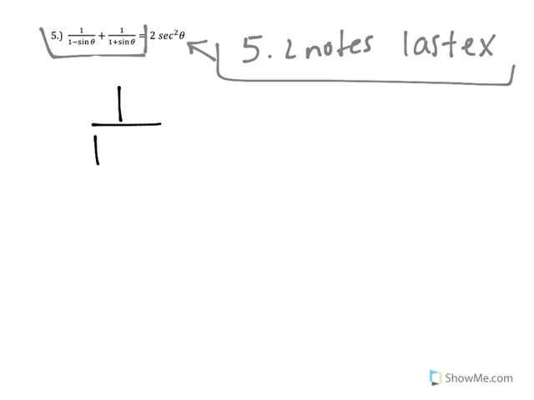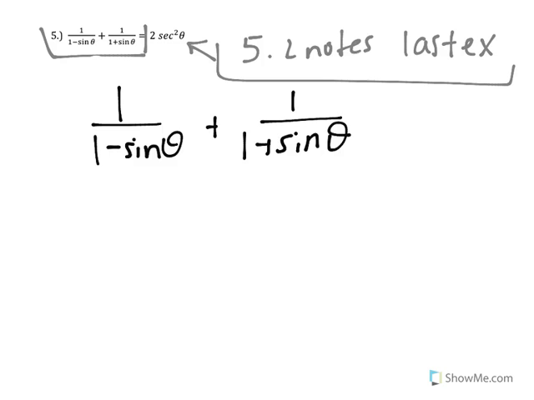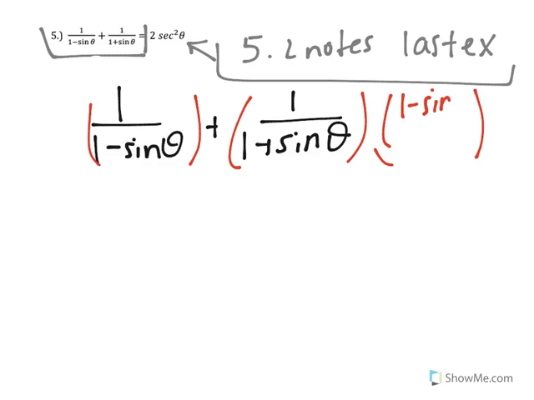Okay, so we have 1 over 1 minus sine of theta plus 1 over 1 plus sine of theta. The only way to do this problem is common denominator. So I'm always going to say I have a 1 minus sine, I have a 1 plus sine. My right one needs a 1 minus sine.